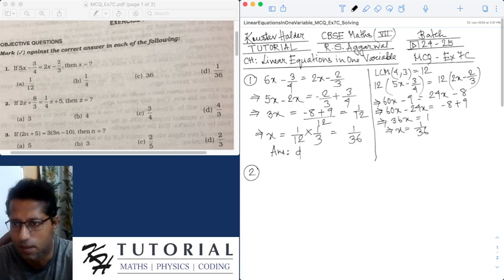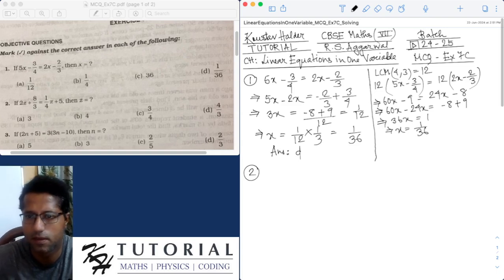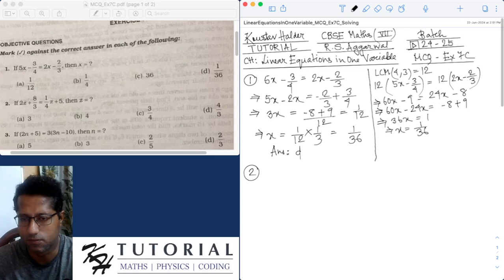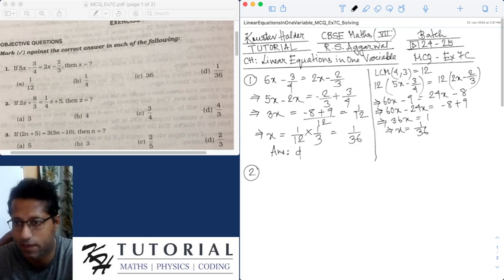Always remember that eventually after bringing all the x terms to the left hand side and all the constant terms to the right hand side and simplifying, that is adding all the constant terms and adding all the variable terms, you will get an equation of the form k1x equals k2.